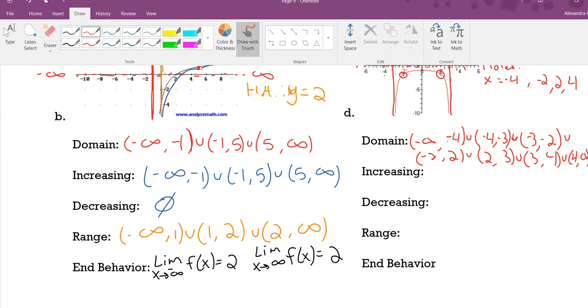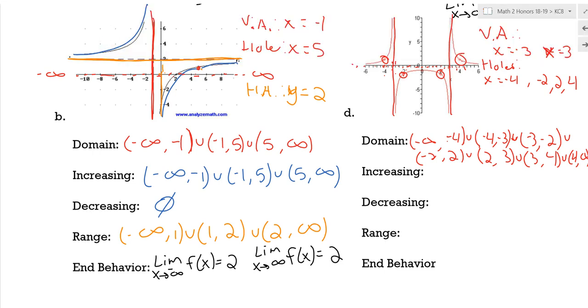All right, let's look at our increasing and decreasing. Negative infinity to negative 4, that's going up slightly. Then negative 4 to negative 3, that is going up. Negative 3 to negative 2. Now this is the weird part. If I look at negative 2 to 2, it's going up and then down.